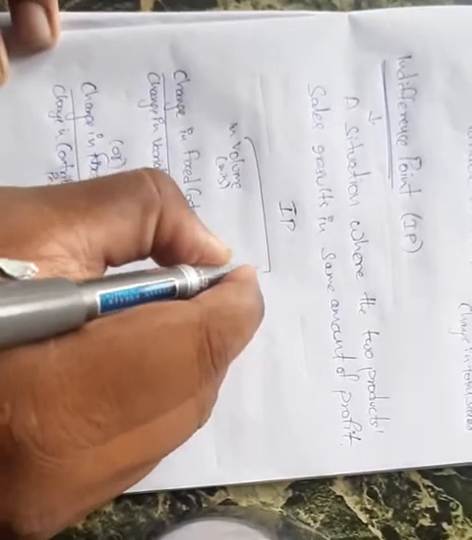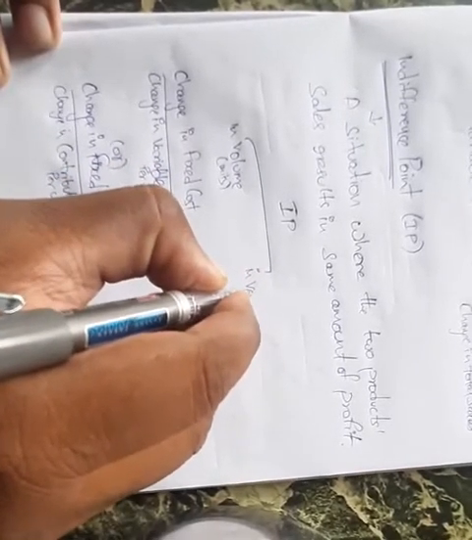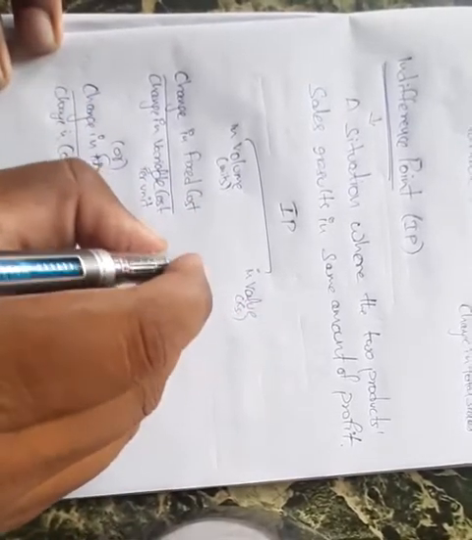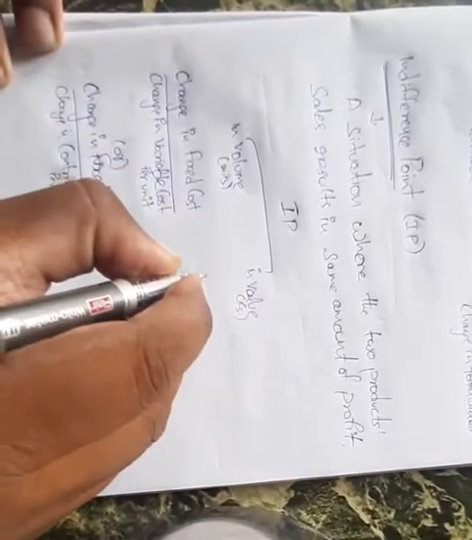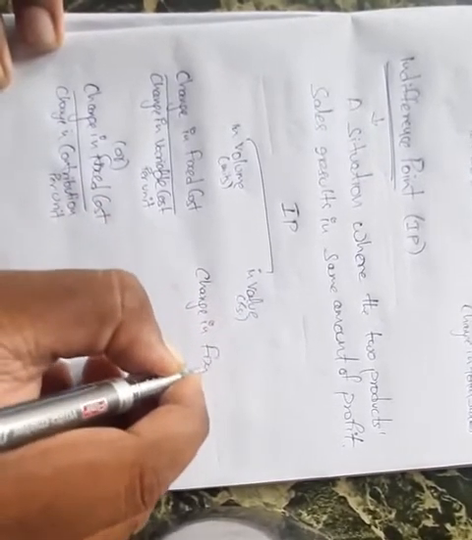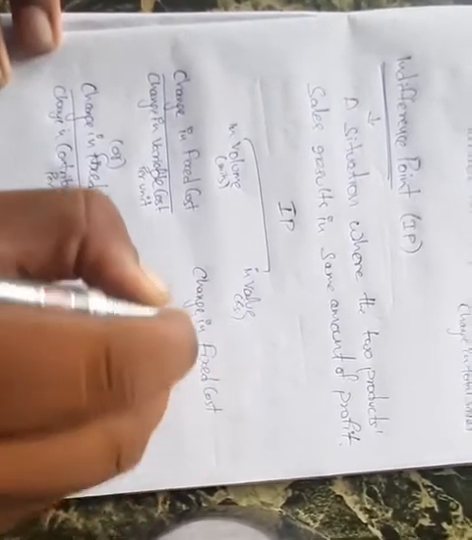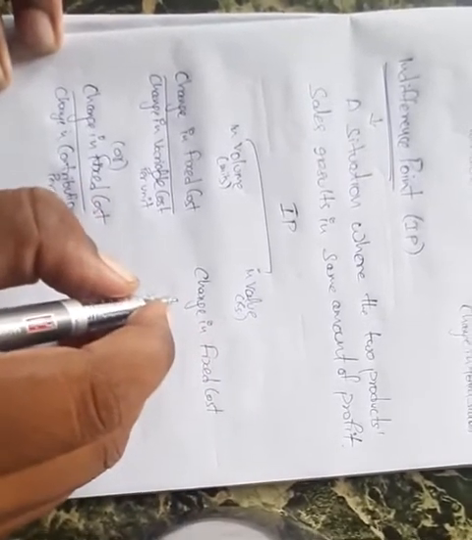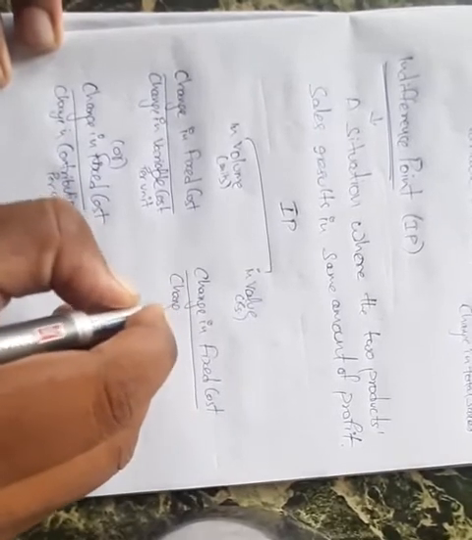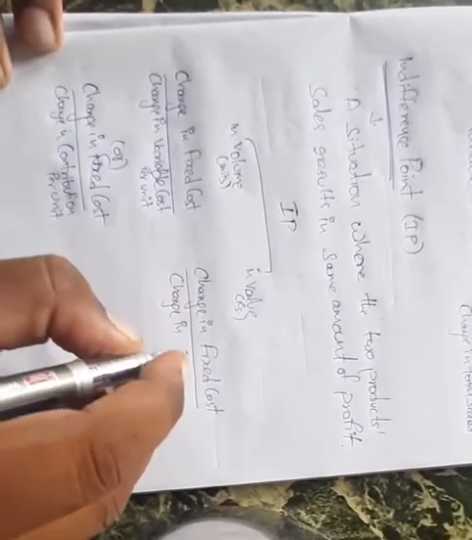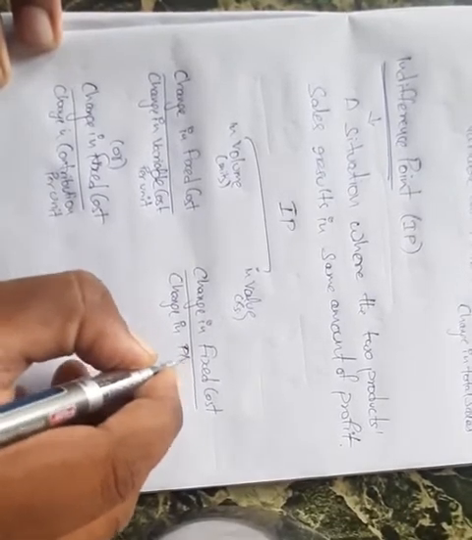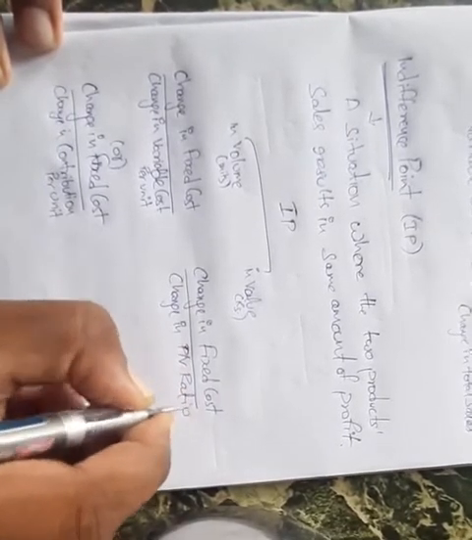Also, it is measured in value, right? That is in rupees. How? The formula is, numerator same: change in fixed cost divided by change in PV ratio.